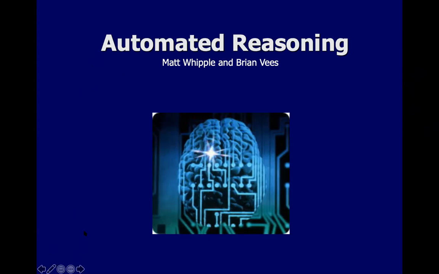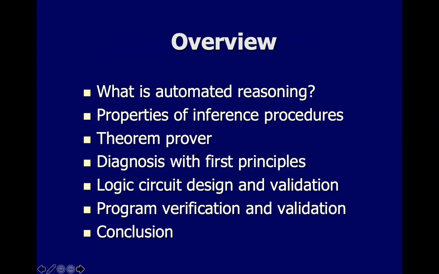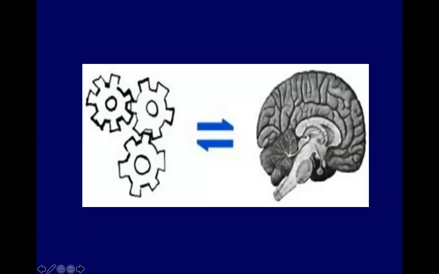Now, let's see. The following points will be discussed: what exactly automated reasoning is. See now what you can find out from this particular diagram. What does this diagram state?